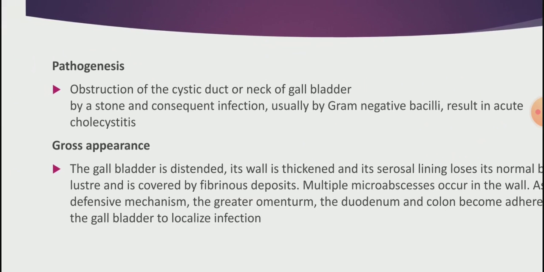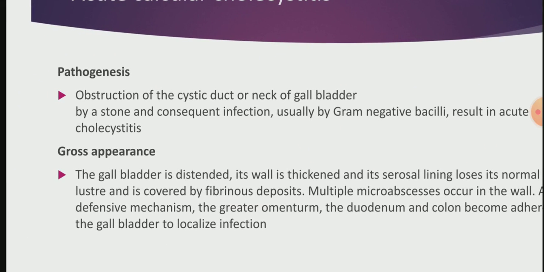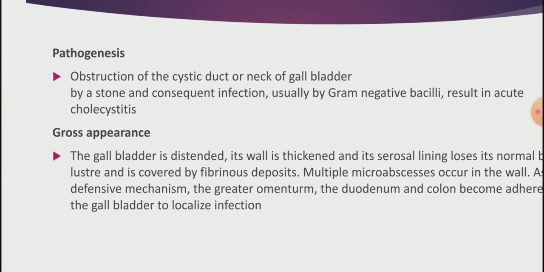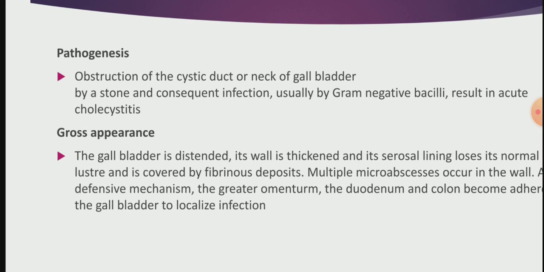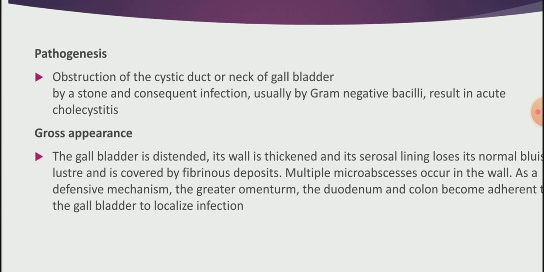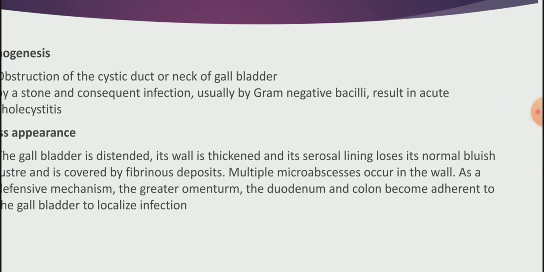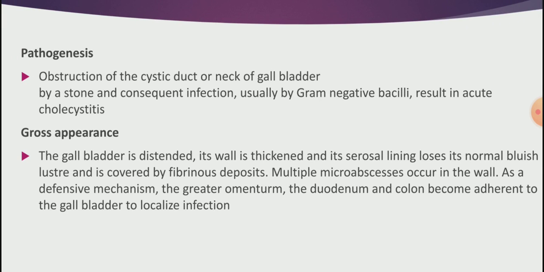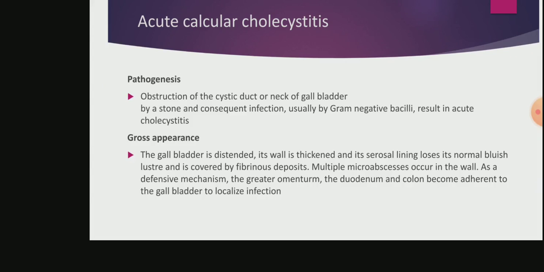Pathogenesis: obstruction of the cystic duct or neck of the gallbladder by stone and subsequent infection, usually gram-negative bacilli, result in acute cholecystitis. Gross appearance: the gallbladder is distended, its wall is thickened, and its serosal lining loses its normal bluish luster and is covered by fibrinous deposit.